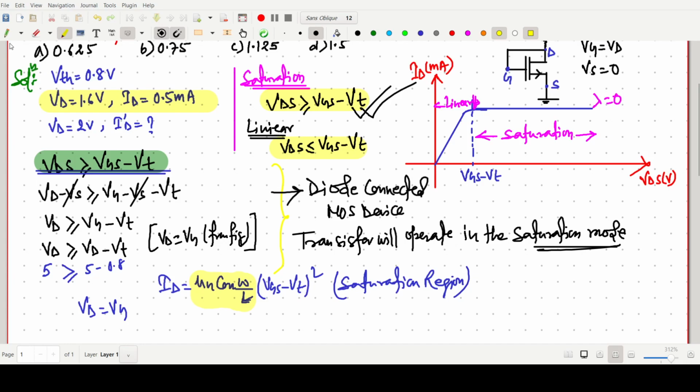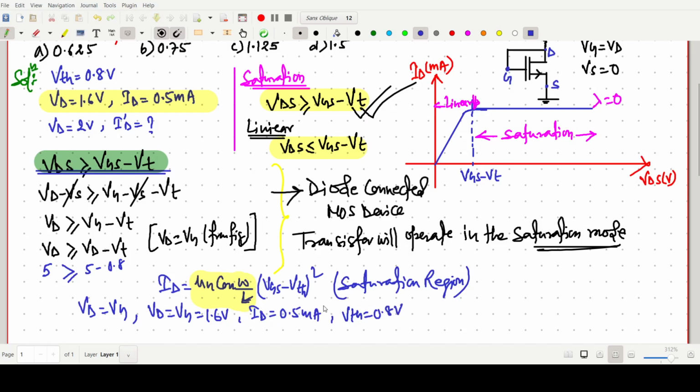From here we can write the ID value. For this case VD is given, VD equals VG, so we can directly write 1.6 volt. For this one ID is given as 0.5 milliampere, and VTH is 0.8 volt.